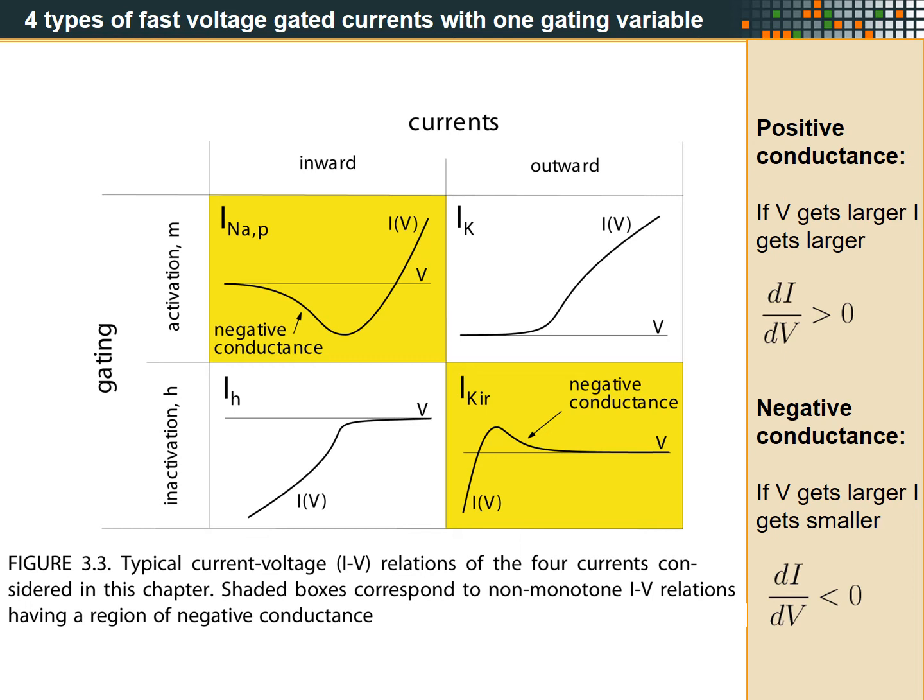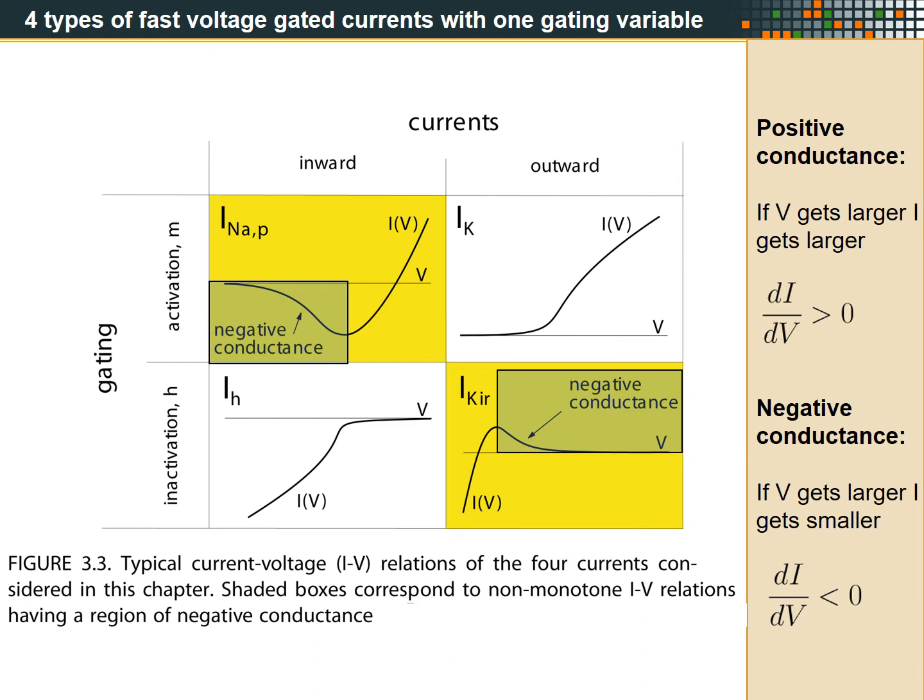Before we get into detailed analysis of that, I need to introduce a concept which is called a negative conductance. A negative conductance is a conductance where we have a negative slope in the IV relation. That means the voltage is increasing and the current is decreasing, which is a kind of counterintuitive situation.